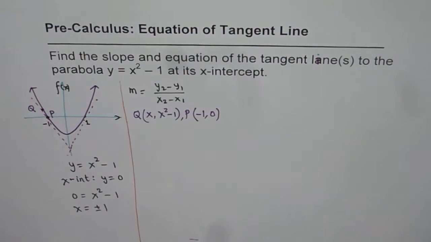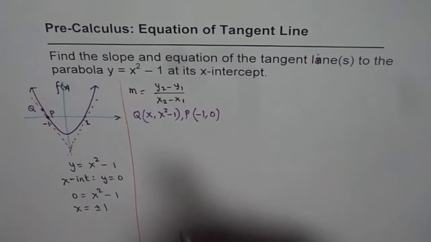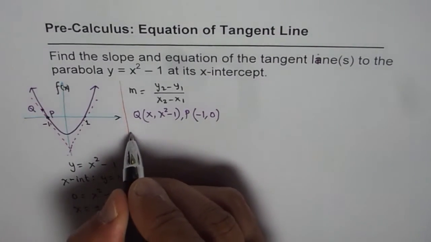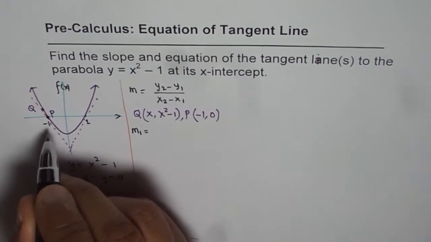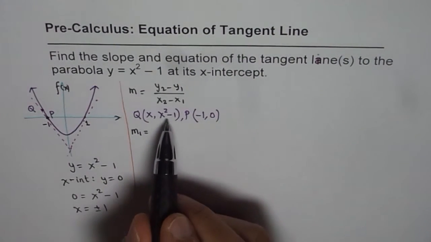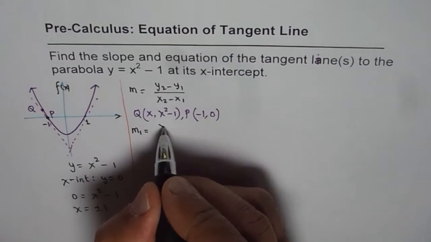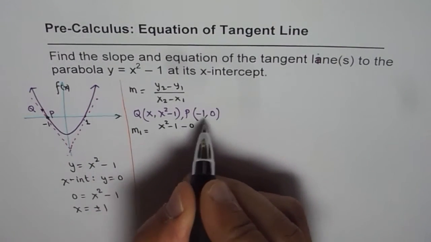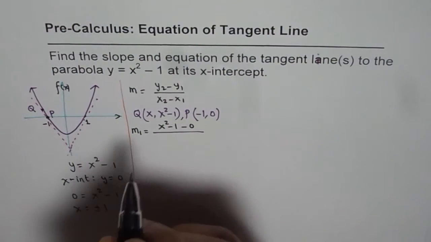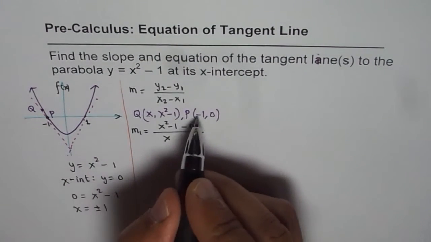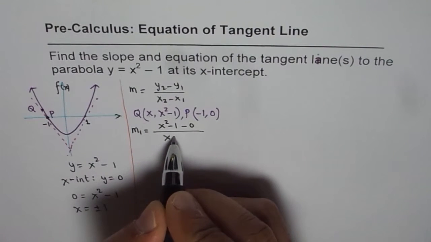So we know our y2, y1, x2 and x1, and we can say this slope, let me call it slope 1 of the first tangent line, should be y2 minus y1, that means x squared minus 1 minus 0, divided by x2 minus x1, that means x minus of minus 1, which becomes x plus 1.